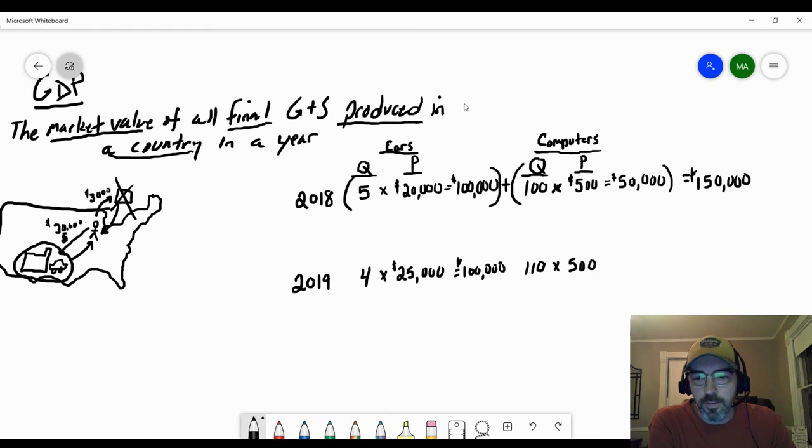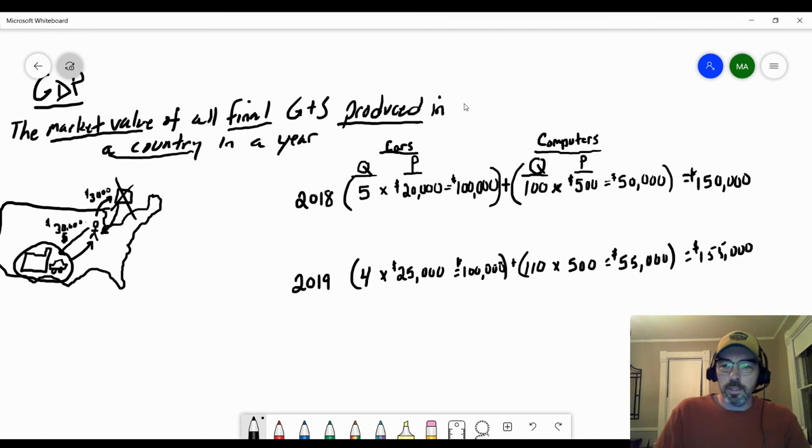That is going to be $55,000 worth of computers. So if we add these together, we have $155,000 worth of goods and services produced in the year.